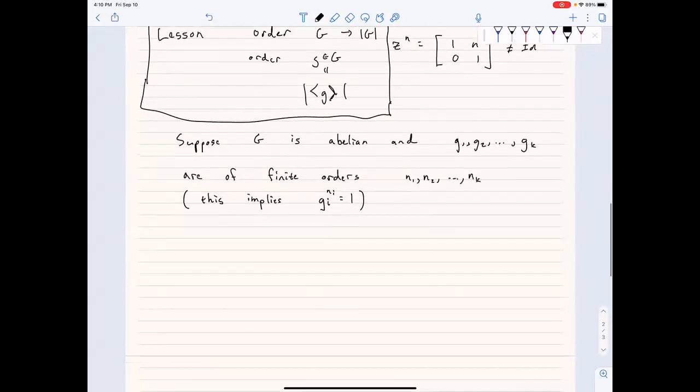Okay, so now let's take the product of all of these: g1 times through gk. I want to say that I can raise this to some positive integer and get the identity. But what positive integer? Does anything come to mind?